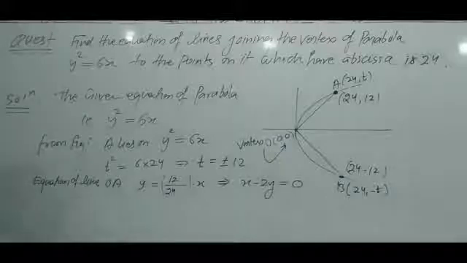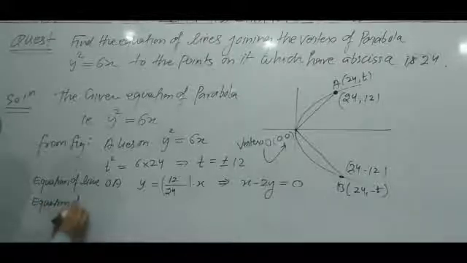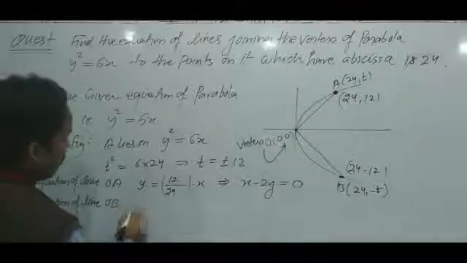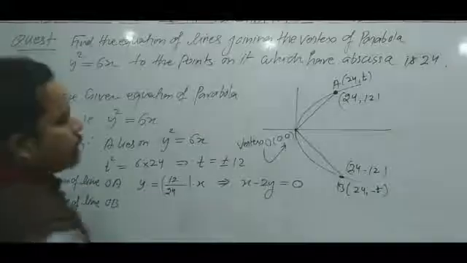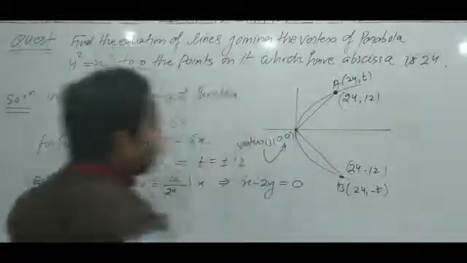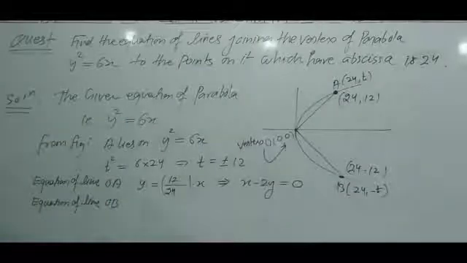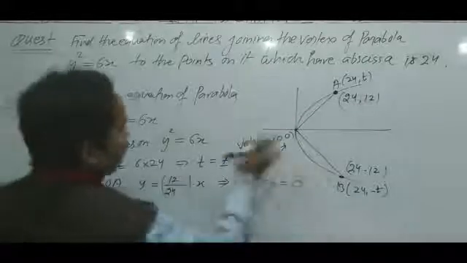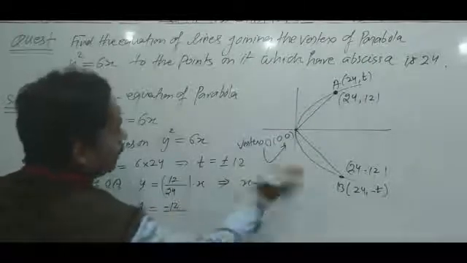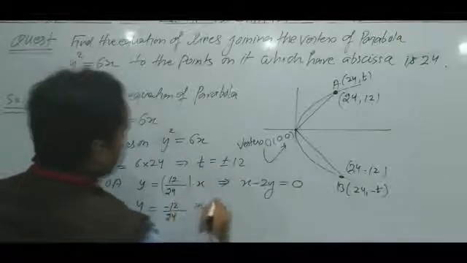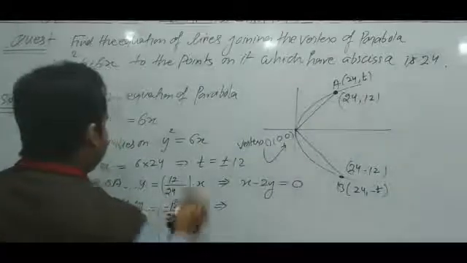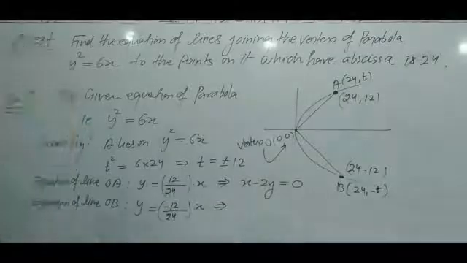And now the equation of line OB, what can we write? Suppose this is (x1, y1) and this is (x2, y2). y minus y1 is equal to (y2 minus y1), which is minus 12, upon (x2 minus x1), which is 24, into (x minus 0). The result will be y is equal to minus x by 2.